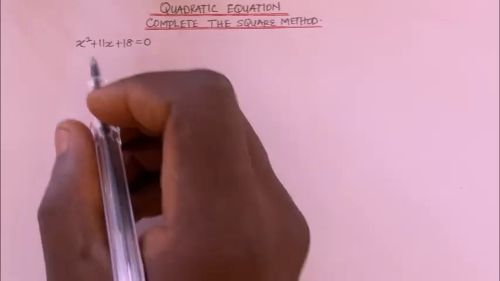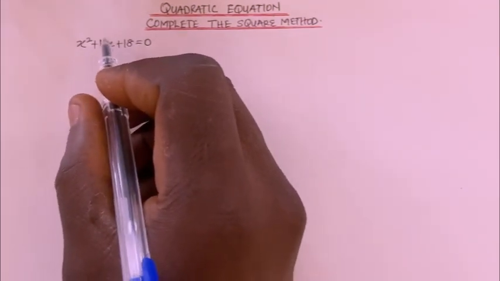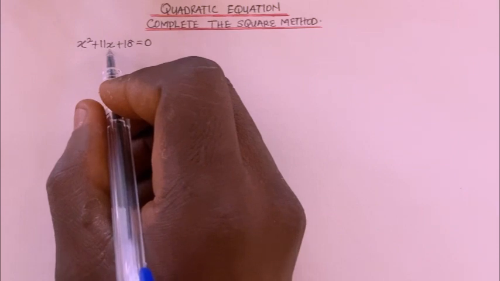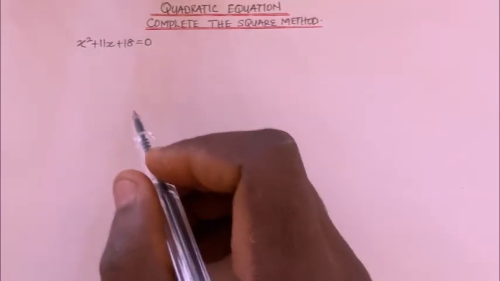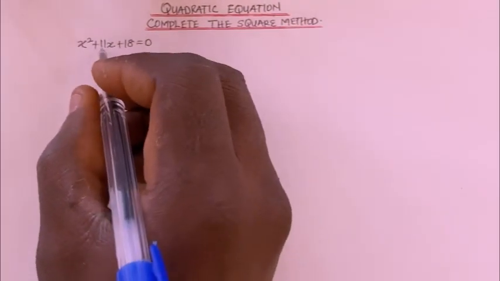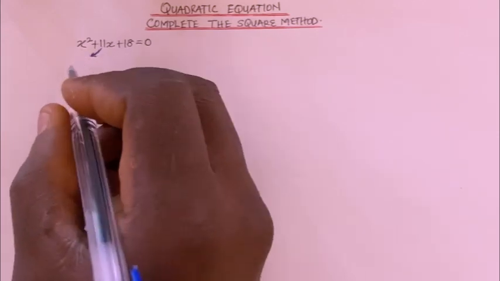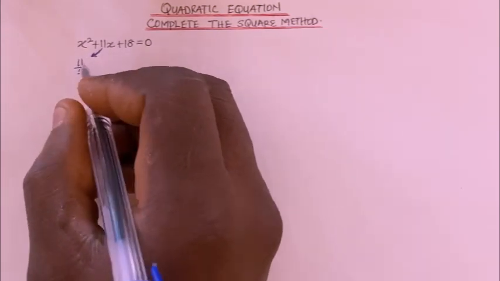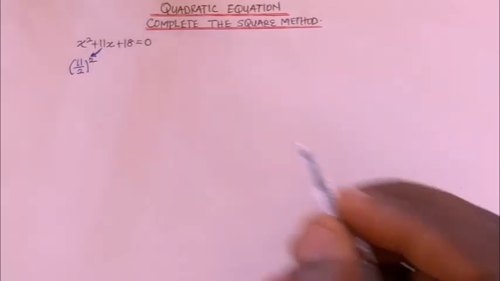Now we are going to take half of the coefficient of x. We divide it by 2 and square it at the same time. What I'm saying is we bring out this 11, divide by 2, then square it.